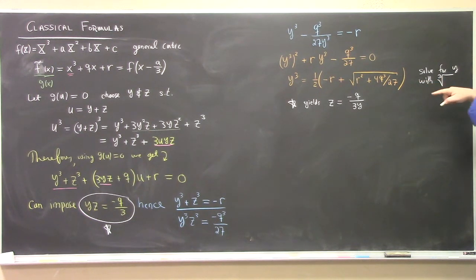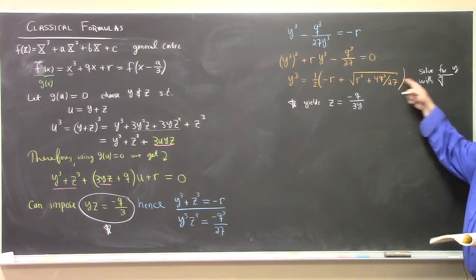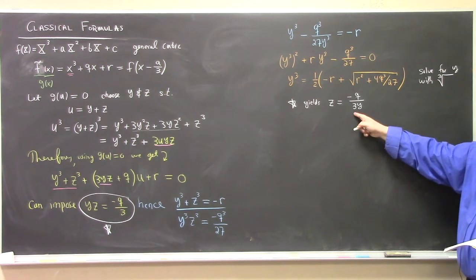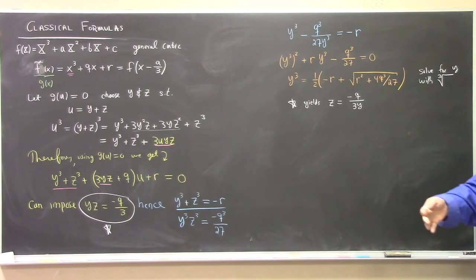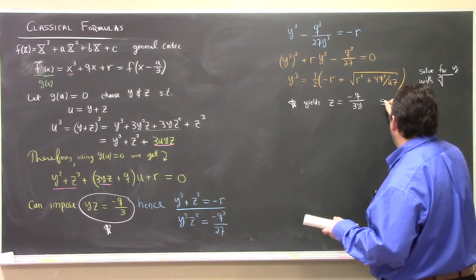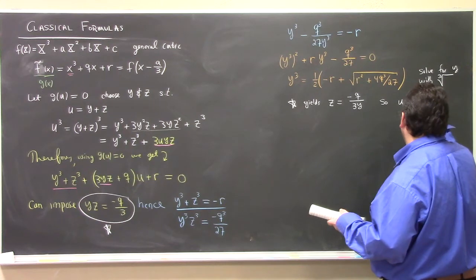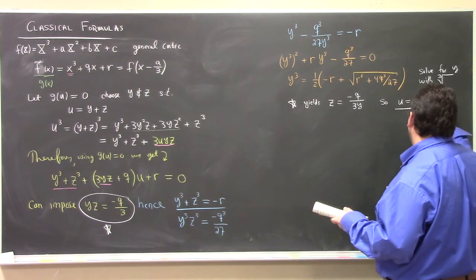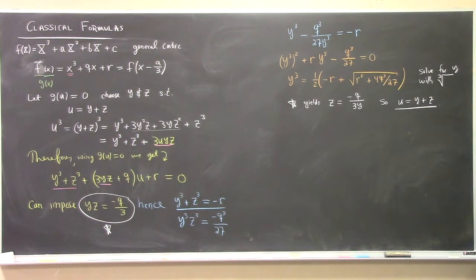And once you find y, then you can find z like that, right? Once you have the y and the z, you put them together. So u equals y plus z. So we've now obtained a formula for the root in terms of the coefficients of the depressed polynomial.